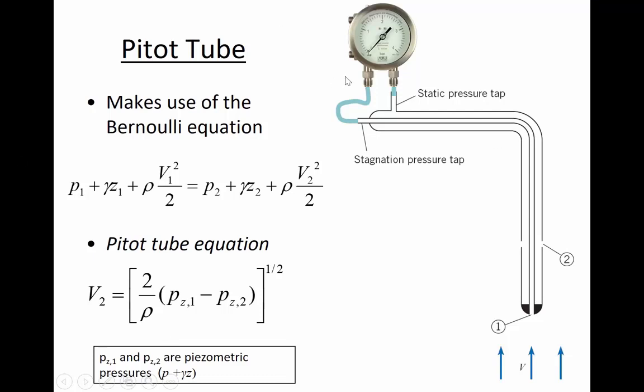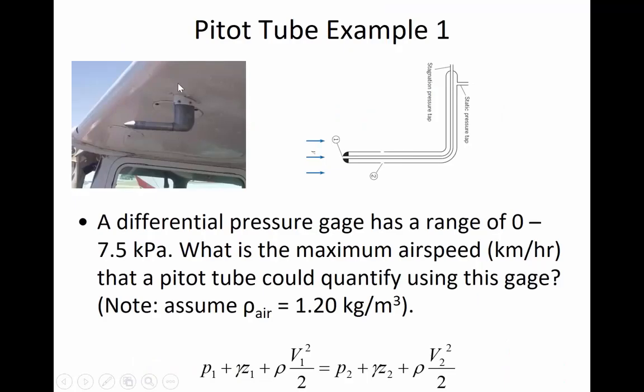You can measure the change in pressure, and as long as you know the density of the gas or liquid, so the density of the fluid that's being encountered, then you can find the velocity of the fluid here at location 2. So it's a very useful device there for example, found on aircraft, and it translates a change in pressure in the instrument panel into the wind speed that the plane is encountering.